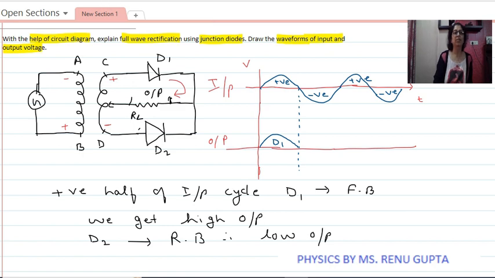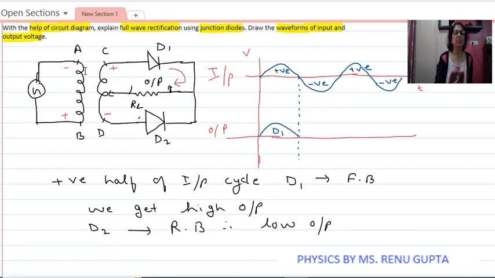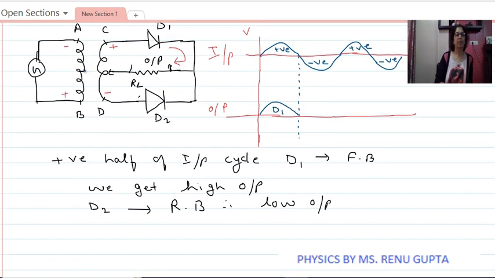Now similarly we observe the negative half cycle of input. Now for the negative half, A will become positive and B will become negative.